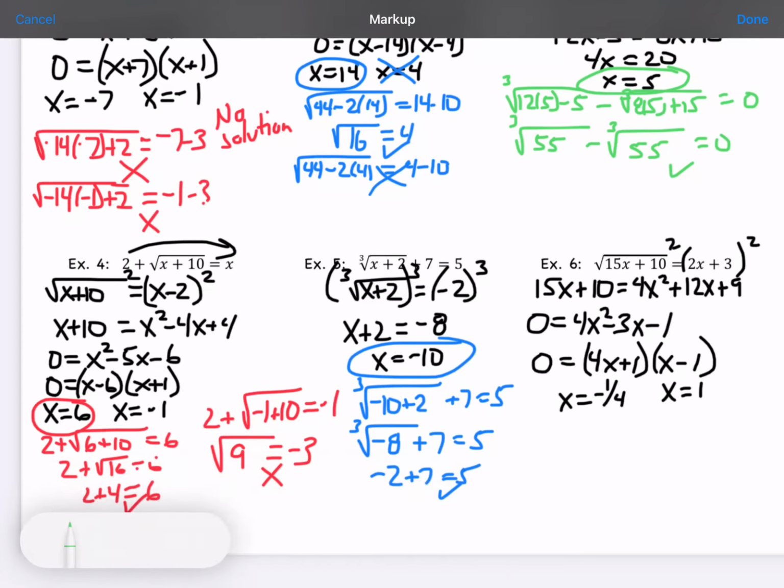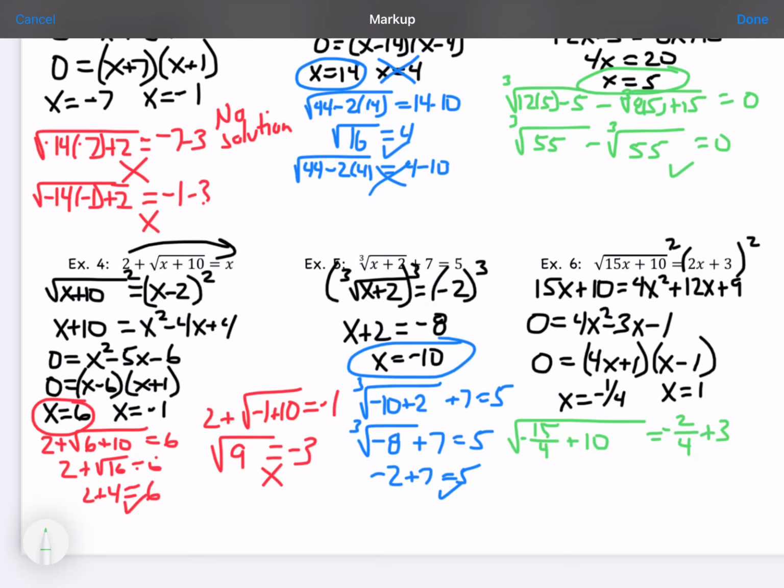If I plug those in, negative 1/4 into the original equation, that's 15 times negative 1/4 plus 10. Does that equal the square root of 2 times negative 1/4 plus 3?